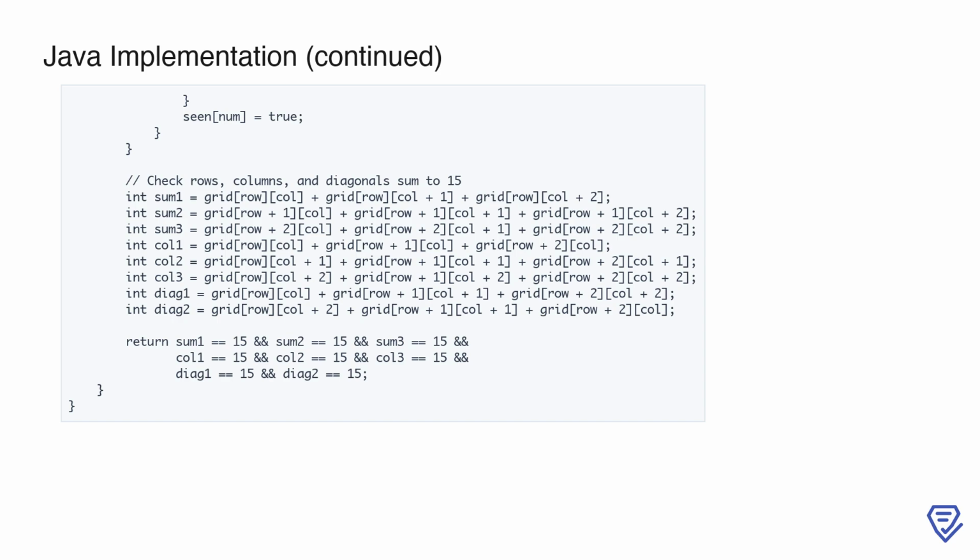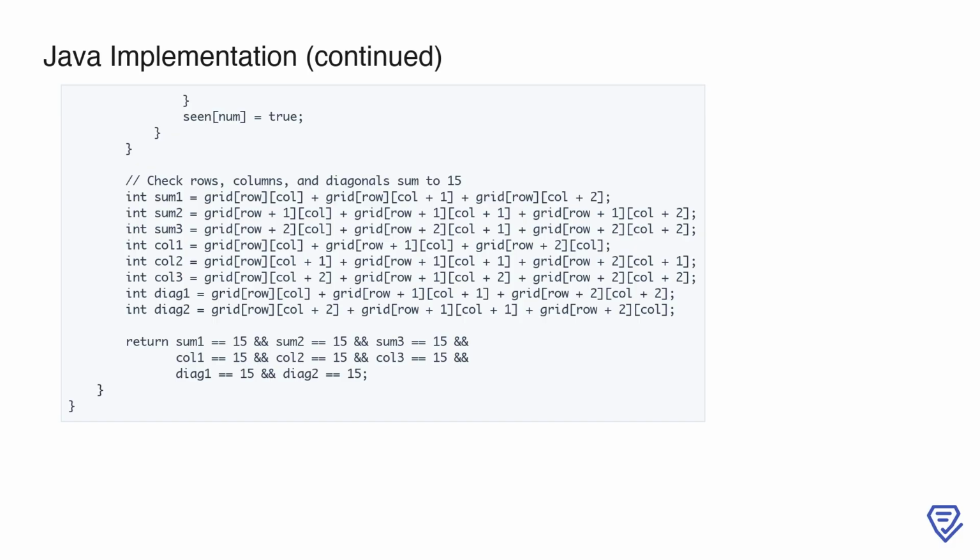Once we've ensured that all numbers are unique and within the range of 1 to 9, the next step is to verify the magic square property itself. This involves checking that the sum of the rows, columns, and diagonals equals 15. We calculate the sums for each of the 3 rows and store them in sum1, sum2, and sum3. Similarly, we compute the sums for each of the 3 columns, storing them in col1, col2, and col3.